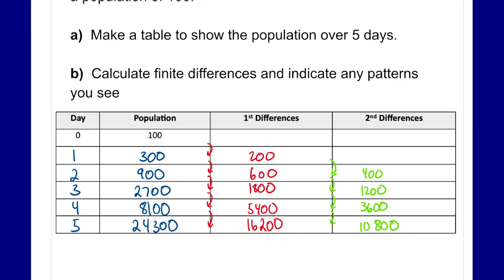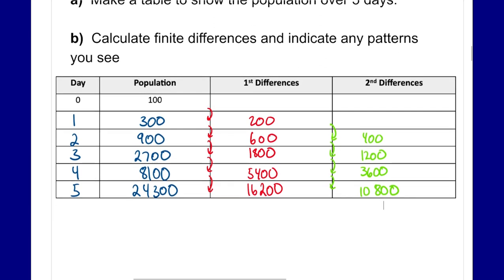Are there any other patterns that we notice? One thing that we might notice is that it doesn't matter what table or column we're looking at, whether it's the population, the first differences, or the second differences, the values are always going up by a similar amount. That similar amount is they're always tripling.